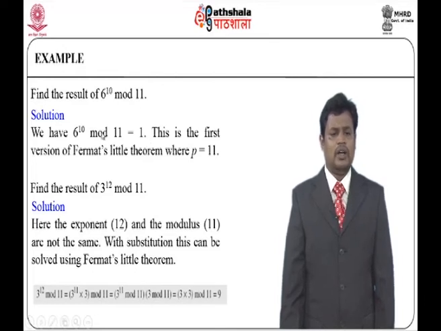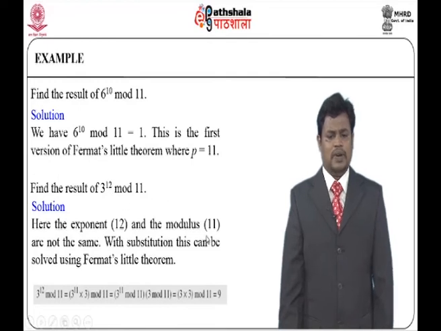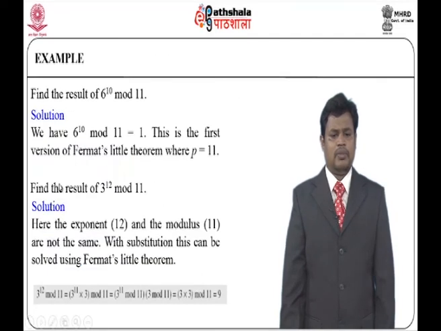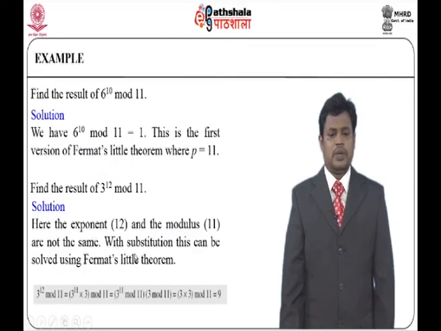I do not need to simplify as we did in the last session. Similarly, let us find the result of 3 power 12 mod 11. Here the exponent is 12 and the modulus is 11, which are not the same, so we cannot directly apply the first version. So we use the second version of Fermat's Little theorem.